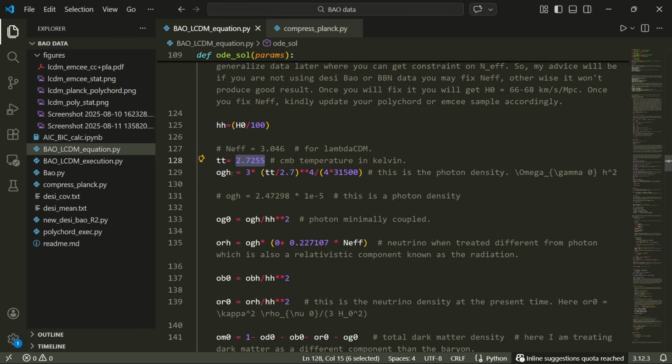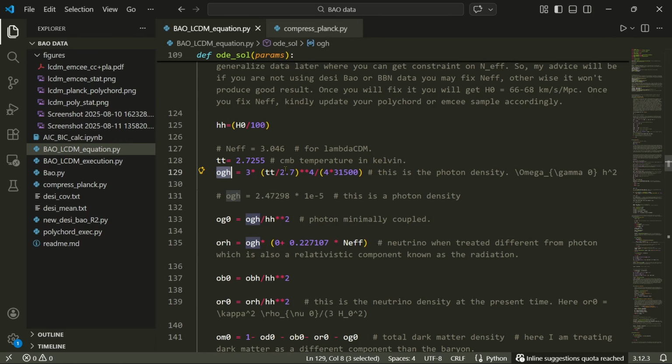You may keep omega gamma h square as it is, and you may try to vary your N effective. So you can simply say that, okay, I have a doubt that the relativistic species could differ, whatever they have done, I don't care about it, I want to figure it out by myself. Or maybe there is a dark matter and dark energy interaction that may affect the neutrino species.